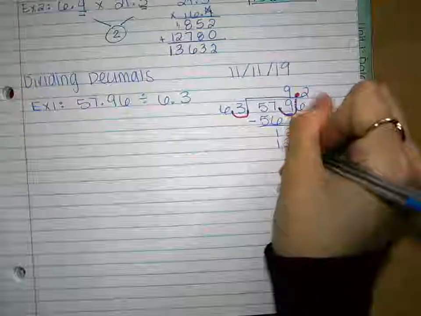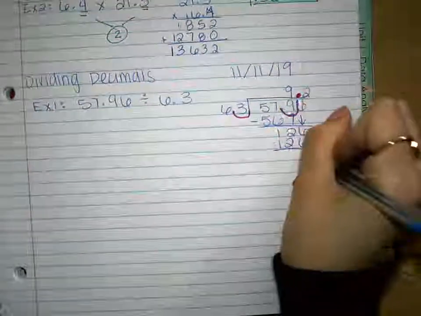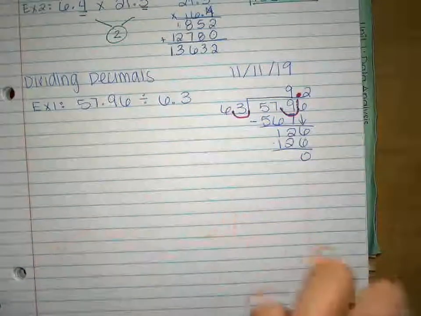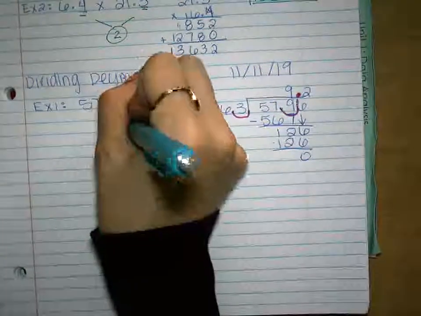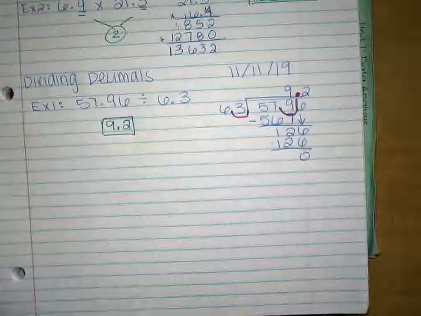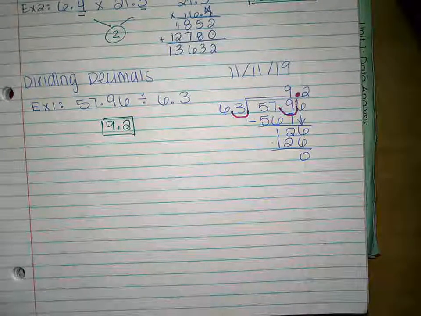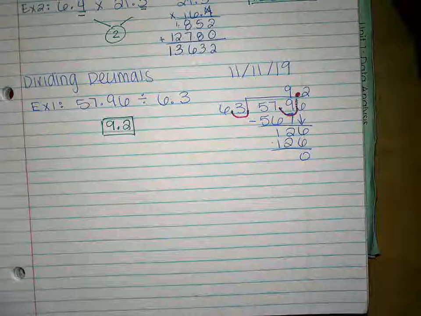And that's exactly 126. So what is my answer here, guys? 9.2. So essentially, all dividing and dividing decimals, that's how it'll work no matter what.